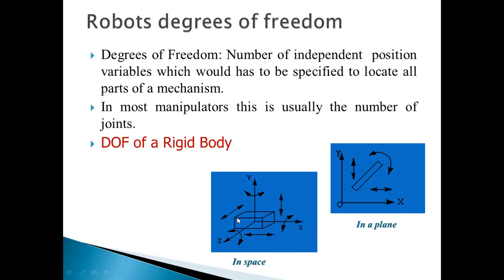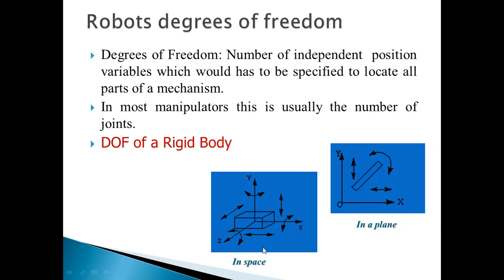Whereas in space, this body can move in the x, y, and z directions as translatory motion, and it can rotate about all three axes: about the x-axis, y-axis, and z-axis, clockwise or anti-clockwise.